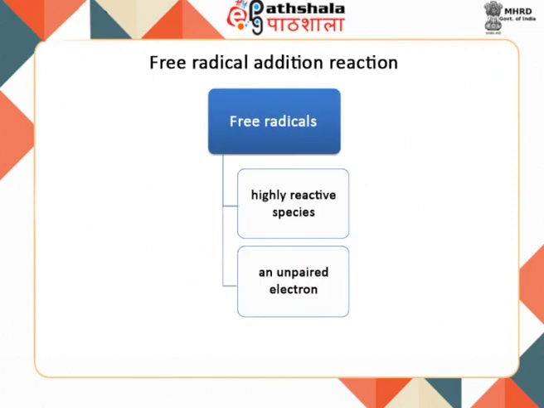After studying nucleophilic addition reactions, let us study the free radical addition reactions. You are already aware that free radicals are highly reactive species with an unpaired electron. Alkenes also undergo a variety of free radical addition reactions wherein free radicals add to the carbon-carbon double bond.